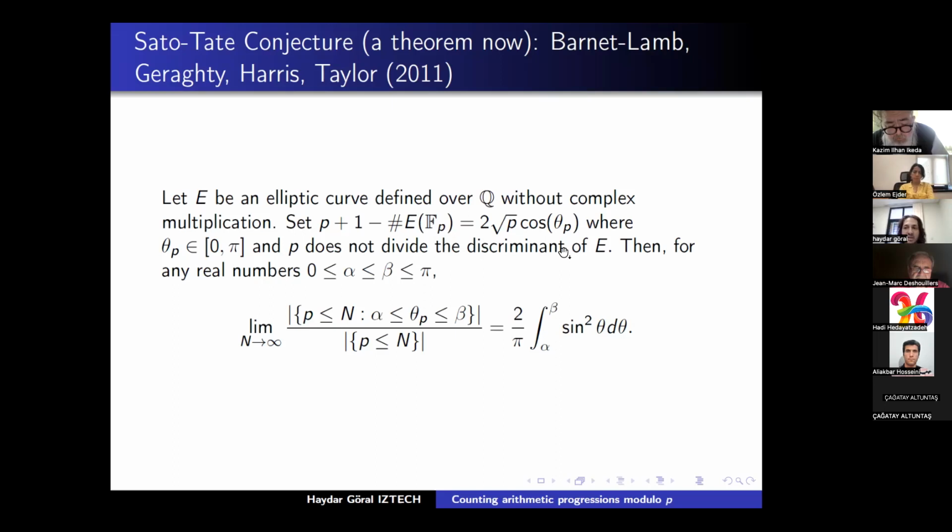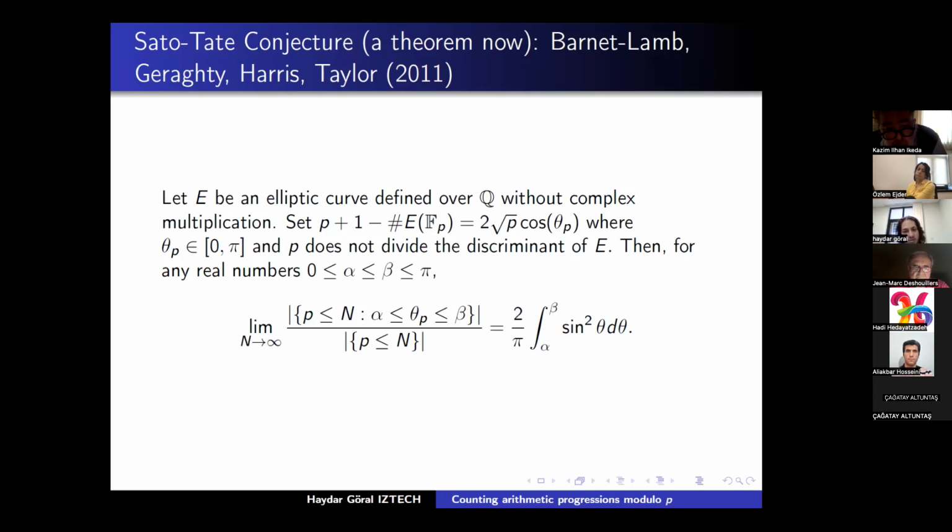So this time you get an elliptic curve over F_p. Then using the Hasse-Weil bound, you can always say that p plus 1 minus the number of points on this elliptic curve is 2 times the square root of p times the cosine of theta_p. This is a number depending on p, and it's called the Frobenius angle.